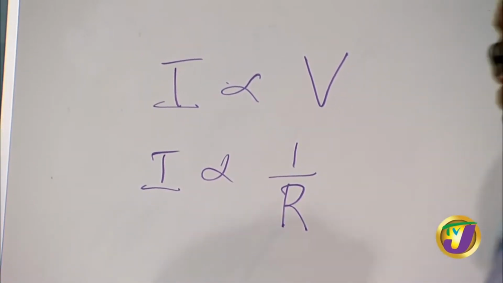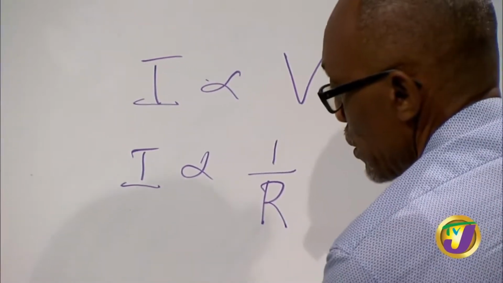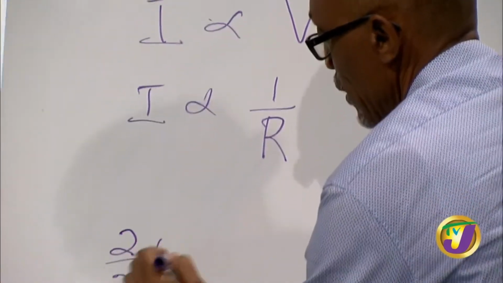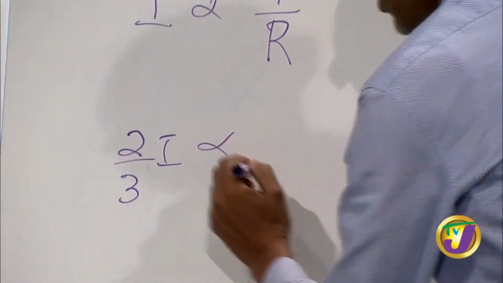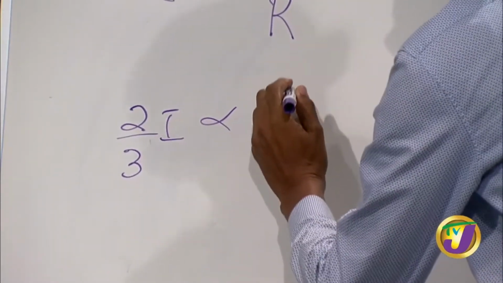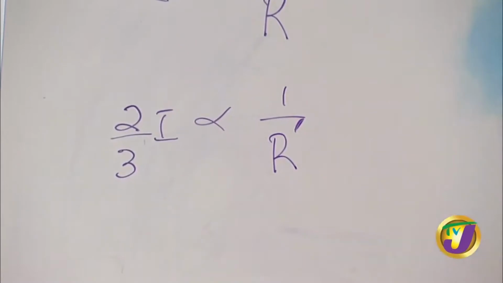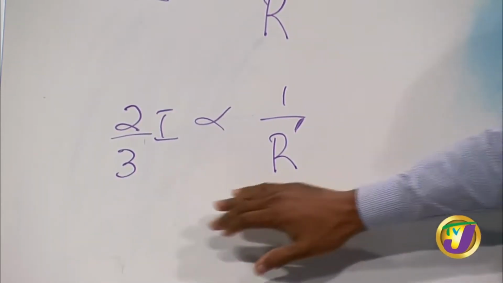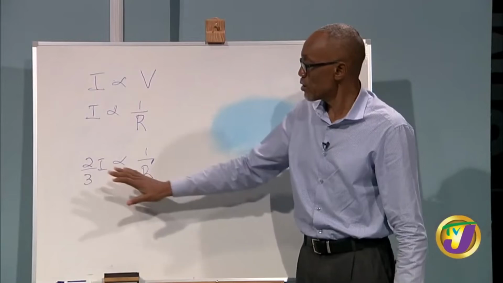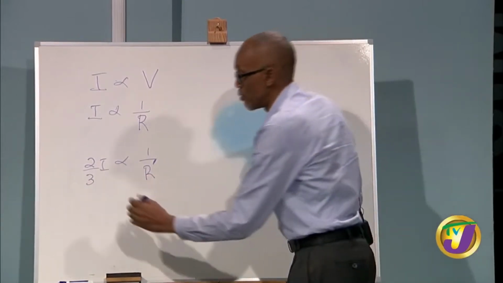Okay, so we want a new current. 2/3 I must be proportional to 1 over some new resistance. Let's call that new resistance R prime, okay? And so what we can do is change around this equation, and let's see what we will get.